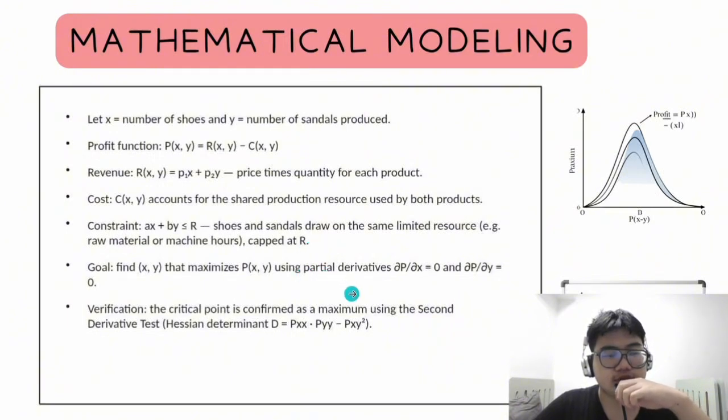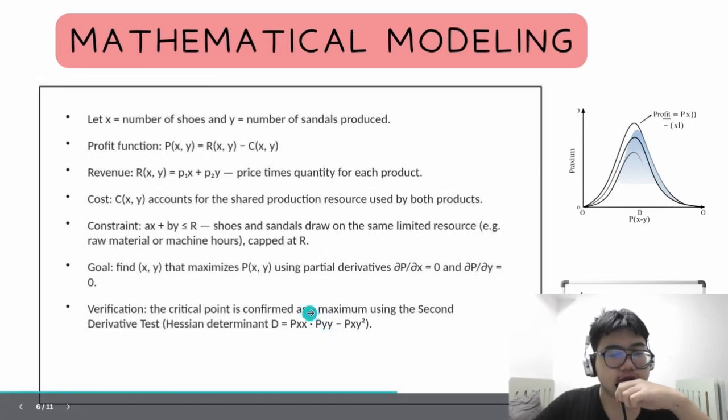To do that, we take the partial derivatives with respect to x and y and set them equal to 0. The point that satisfies both equations is called the critical point, our candidate for the optimal solution.